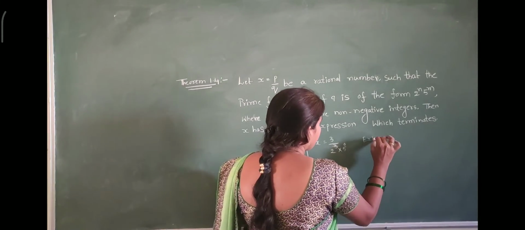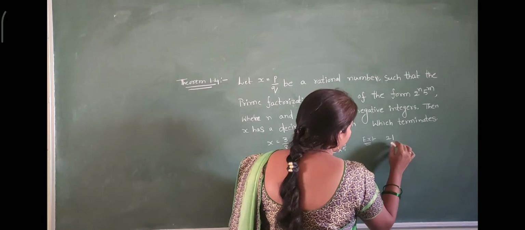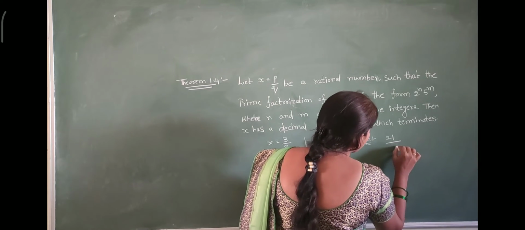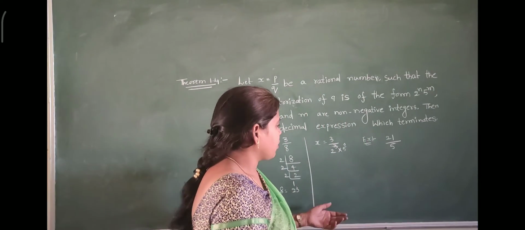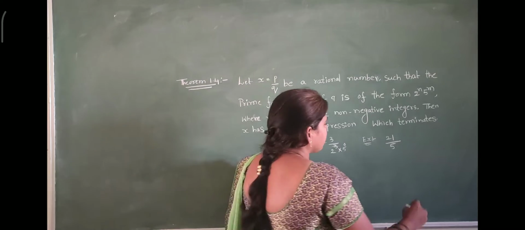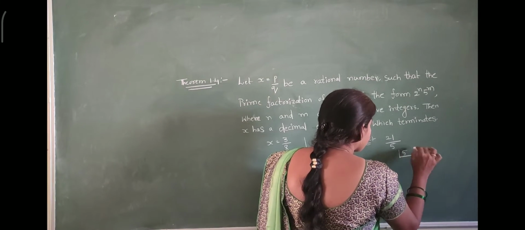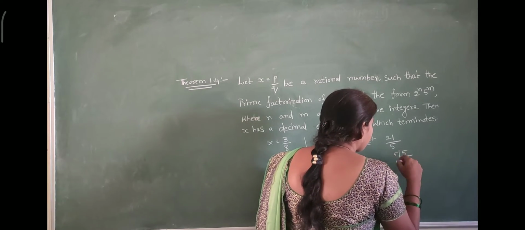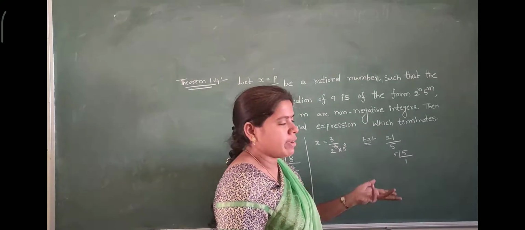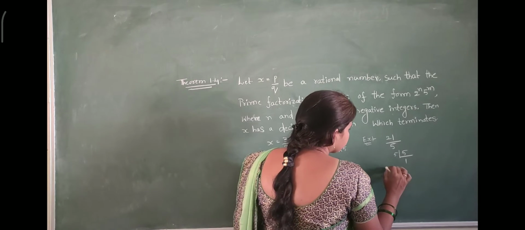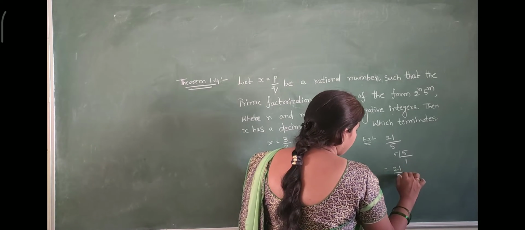If you take another example, 21 by 5. If you write the prime factorization of 5, 5 ones are 5. 5 is a prime number, that's why this number is only divisible by 5. That is 21 by 5.